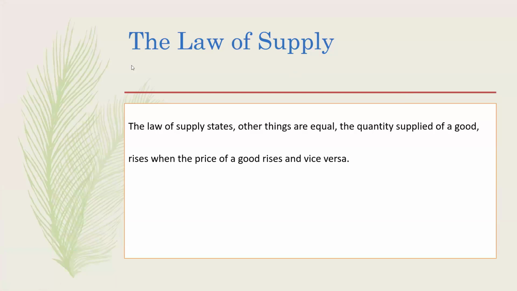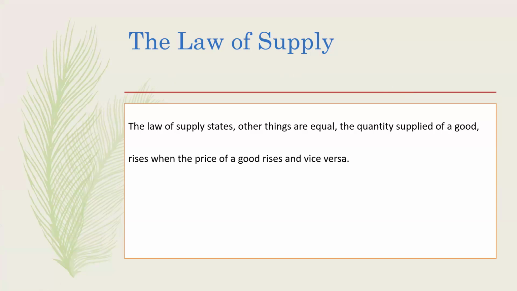So the first thing is to understand this whole law of supply. Everything in economics, we have some law to abide by, right? So the second law that we're looking at is the law of supply, which states that, other things being equal, the quantity supplied of a good rises when the price of a good rises.